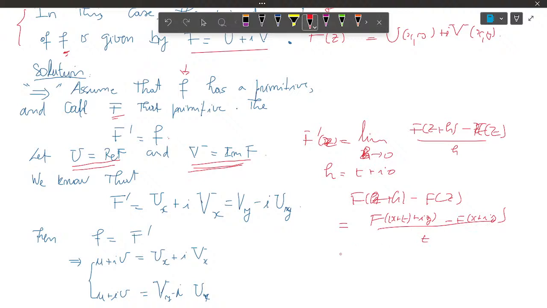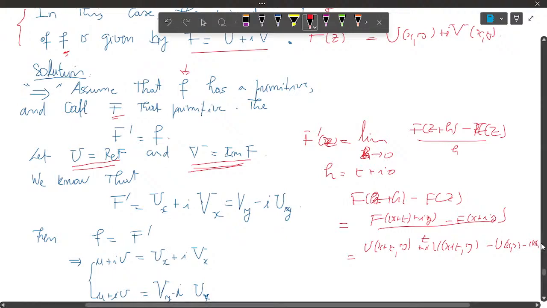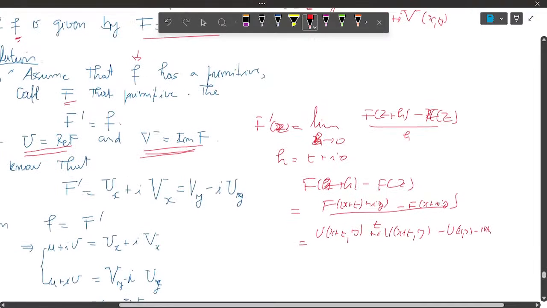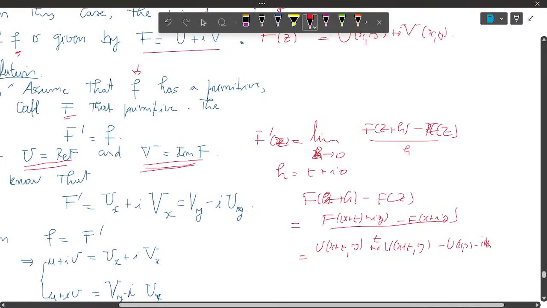So you see that here, we will write f in the form of u of x plus t, y plus i v of x plus t, y, and we do the same thing minus u of x, y minus i v of x, y.